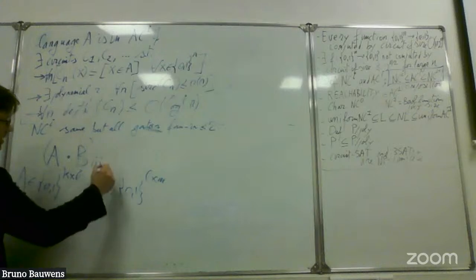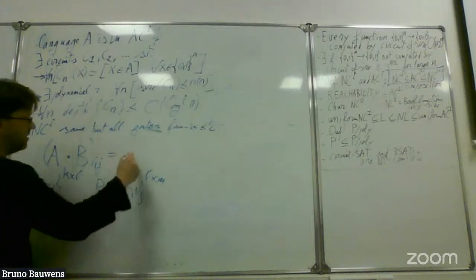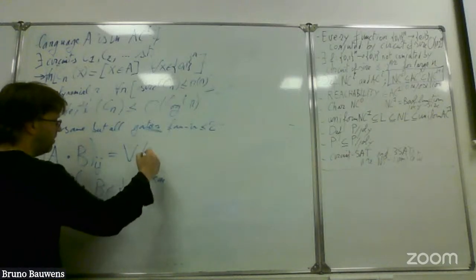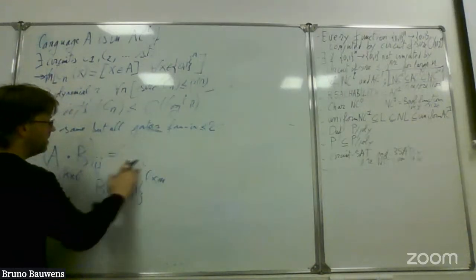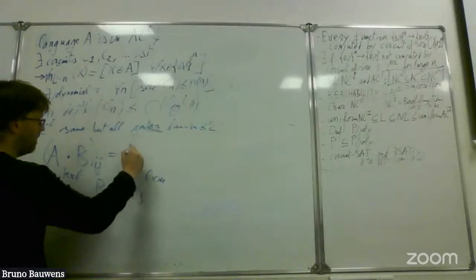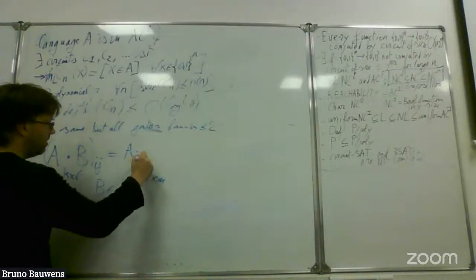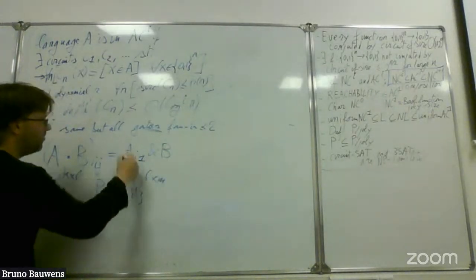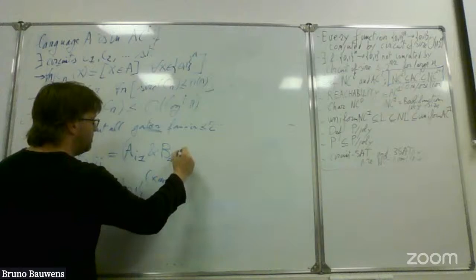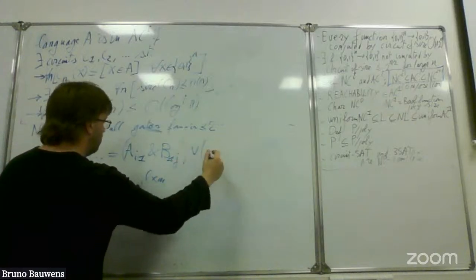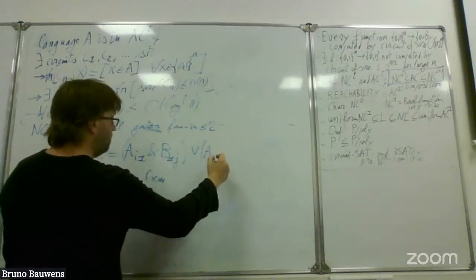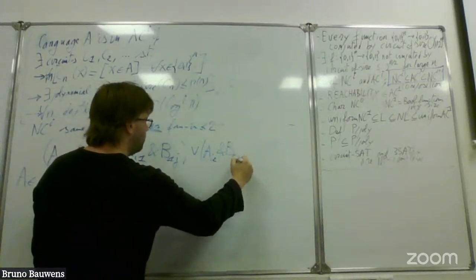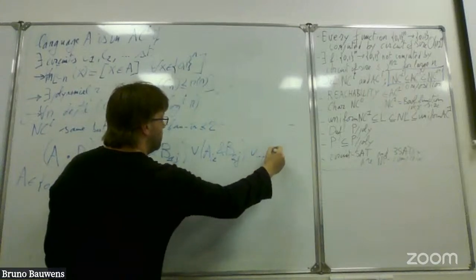And then the ijth element is equal to the OR of, so it's a DNF formula: A_i1 and B_1j, or A_i2 and B_2j, at least the logical thing.